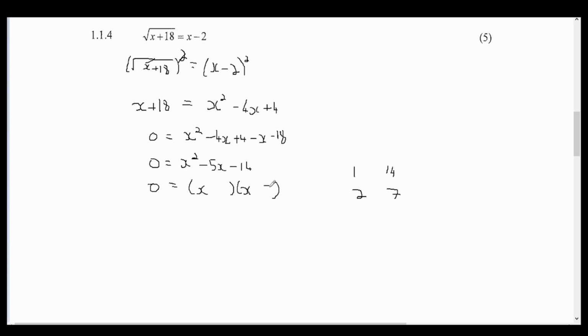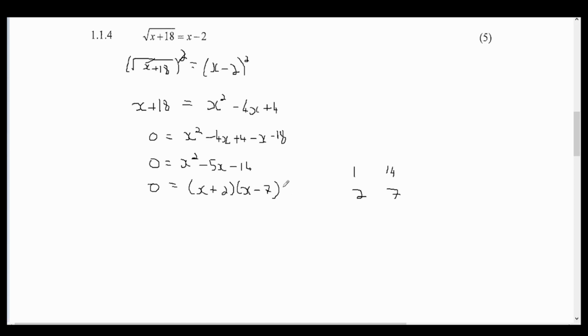So we're going to have 7 here, we're going to have 2 here, and then the bigger one should be negative, because the middle term is negative. And then on this side we can see that this is not a positive, so not the same sign, so there should be a positive 2. Yeah, fits perfectly. You can always multiply them out and see that you end up with the same thing.